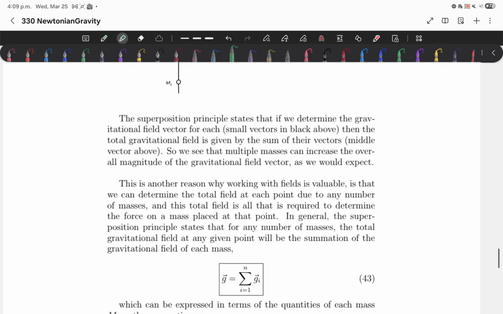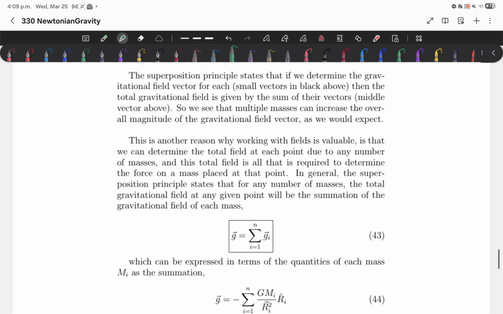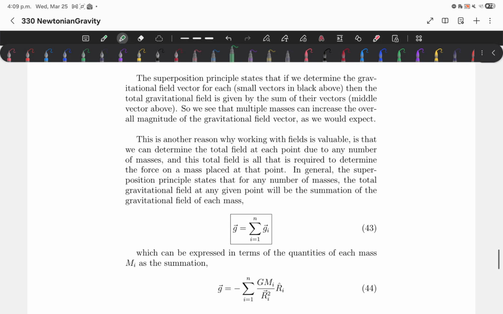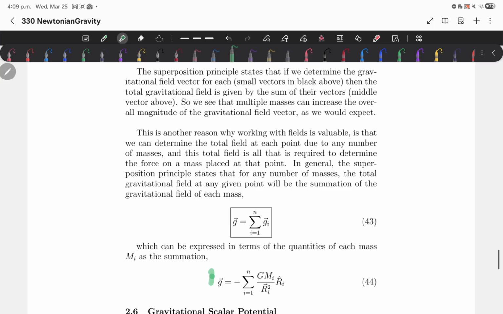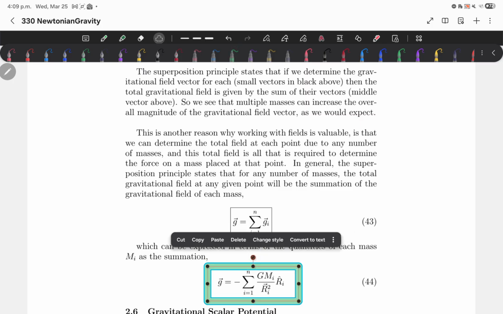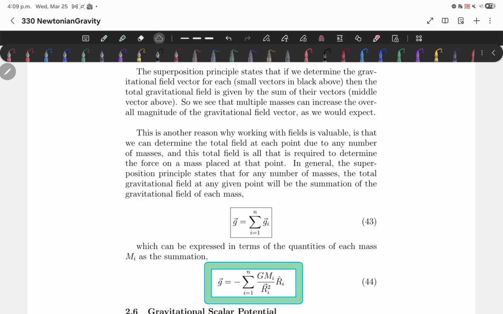So we can write this compactly with a Riemann sum, just like we did in the past. So the total G vector is the Riemann sum of all of those independent G vectors. This is virtually the same expression we had when we talked about electrostatics to calculate the total G.